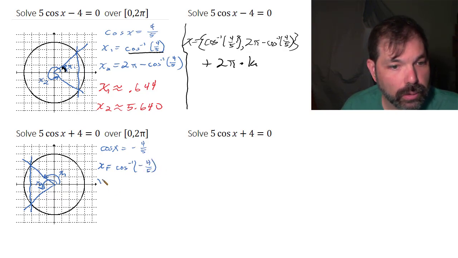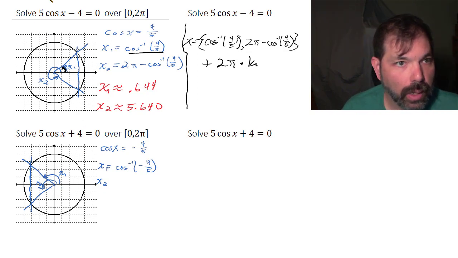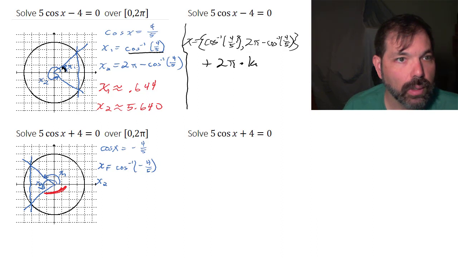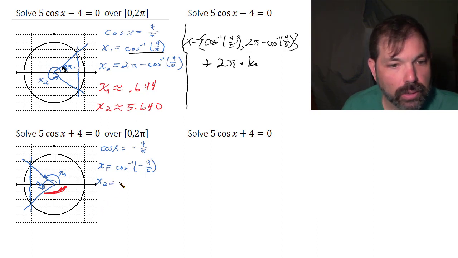And x2, notice that x2 has the same reference angle. Here's the reference angle, x1. There's the reference angle. So then x2 is 2 pi minus cosine inverse of negative 4/5.